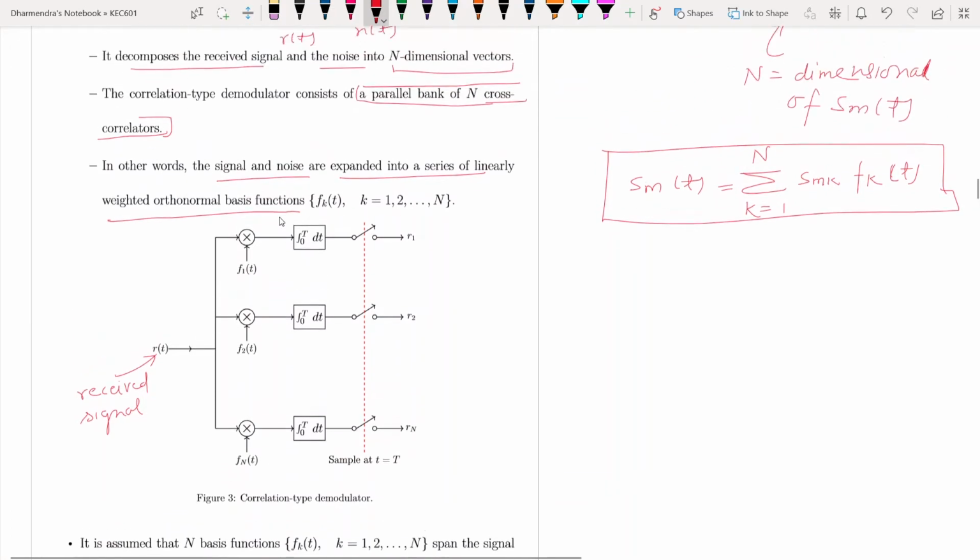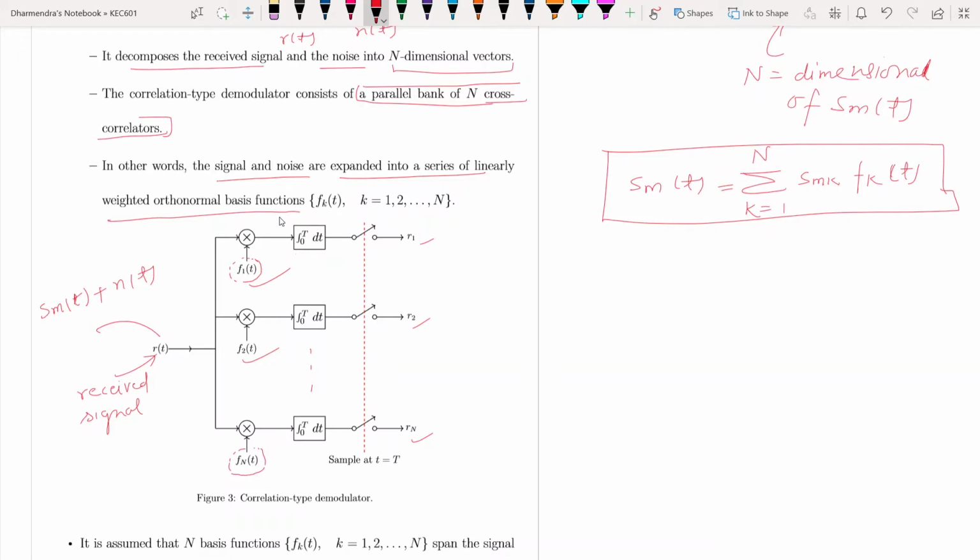This is s_m(t) plus n(t), and the dimension of this s_m(t) is capital N. So there will be N branches, 1, 2, up to capital N. In each branch the received signal is multiplied with a basis function: f1(t) in this branch, f2(t) in this branch, and so on. In the Nth branch, the basis function is fN(t).